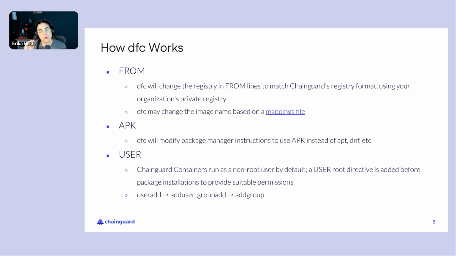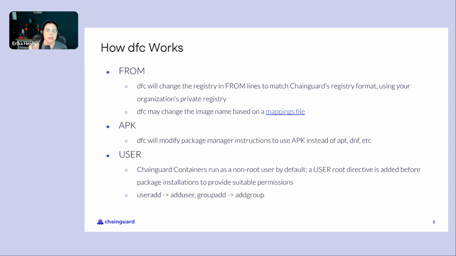So if you have instructions like installing packages or copying files to privileged directories, it will fail because of the lack of privileges of a non-root user. So when DFC detects that there is a RUN line, it will add the USER root directive at the beginning of the Dockerfile to change to the root user.